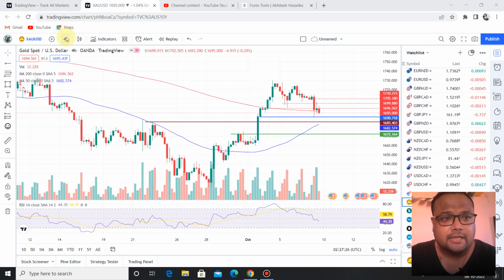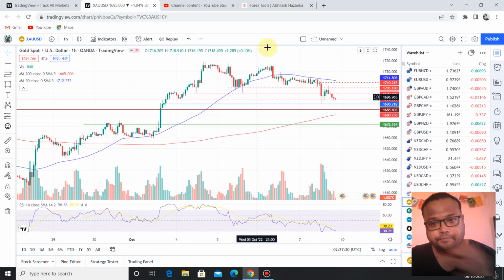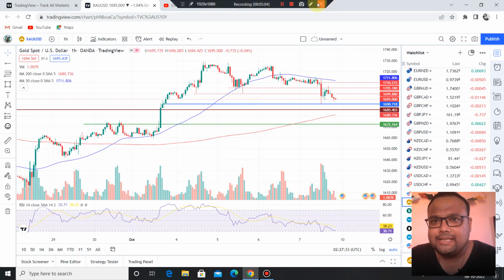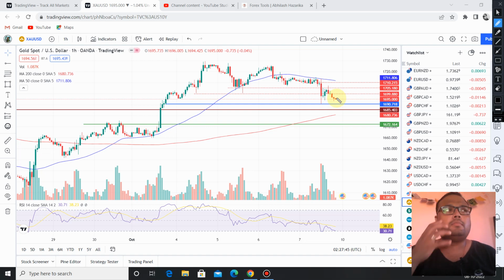So let's try to understand what should be our trading strategy for Monday. As I said, the market closed at 1695. After the market opening, try to observe the volatility of the market.